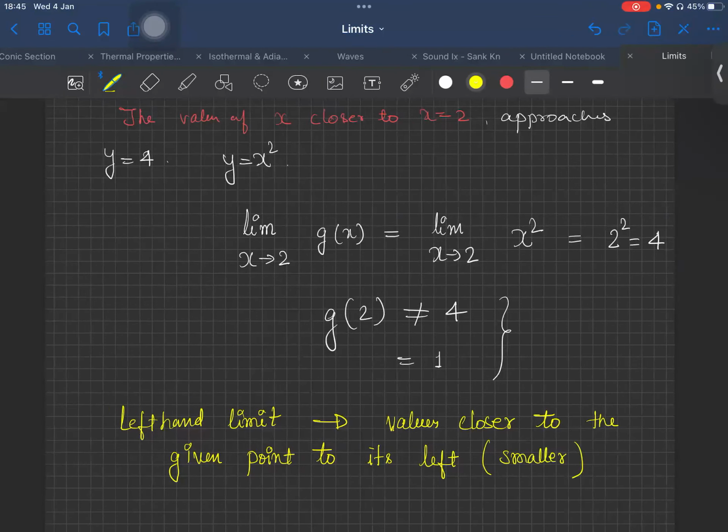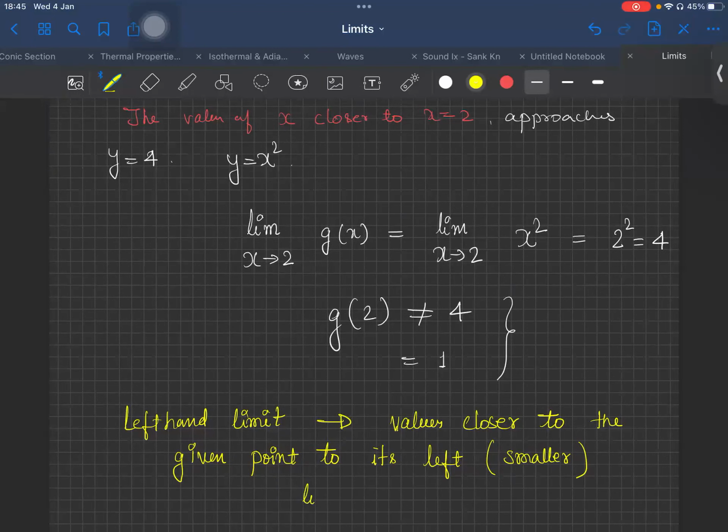And it is represented by limit x tends to 2 minus. The left hand limit is represented like this, g of x.